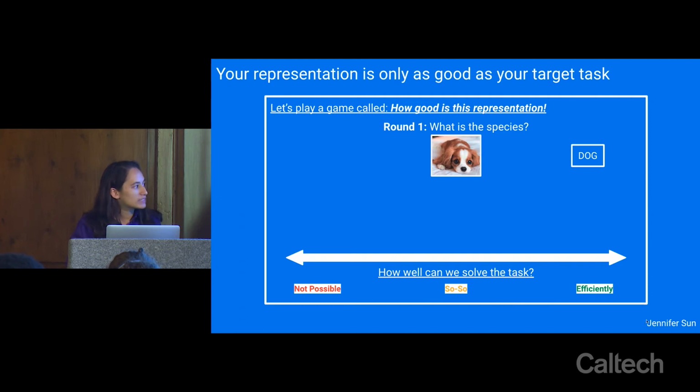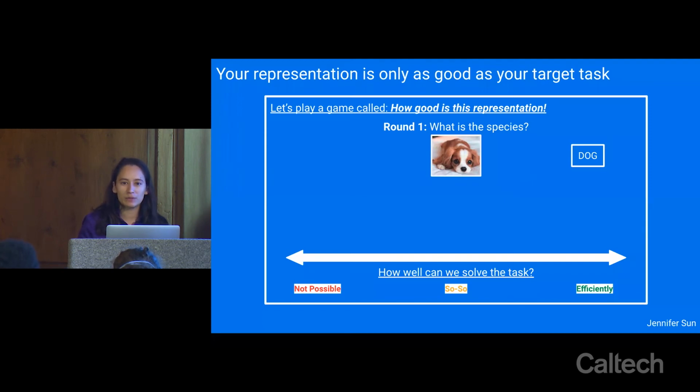And I would probably put sound somewhere between not possible and so-so. We've probably all seen these videos where cats bark like dogs or dogs meow like cats depending on how they've been socialized. So it's probably not as good as a picture of the animal, but it's definitely not impossible to use that representation to characterize this task.